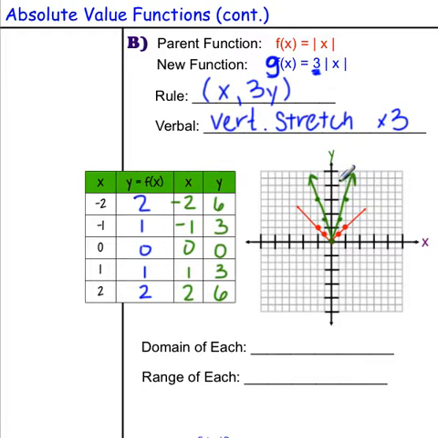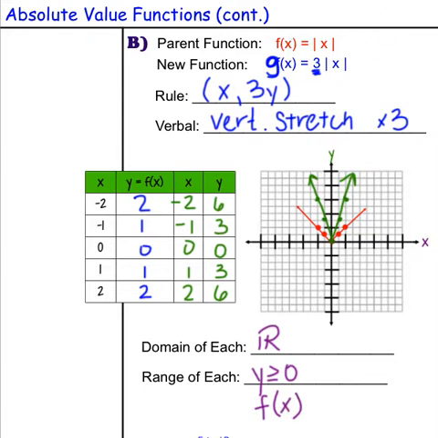So if we look at the domain, we see that our x values for our parent function we learned are all real numbers. And for the parent function, the range is that y is greater than or equal to 0. And I'm going to mark these as f of x, and then I'll do g of x in a different color.